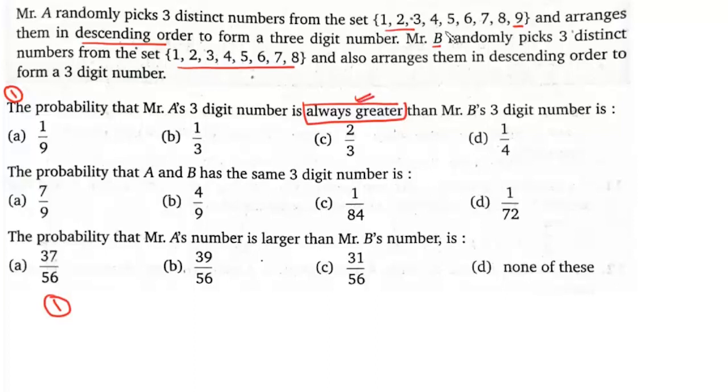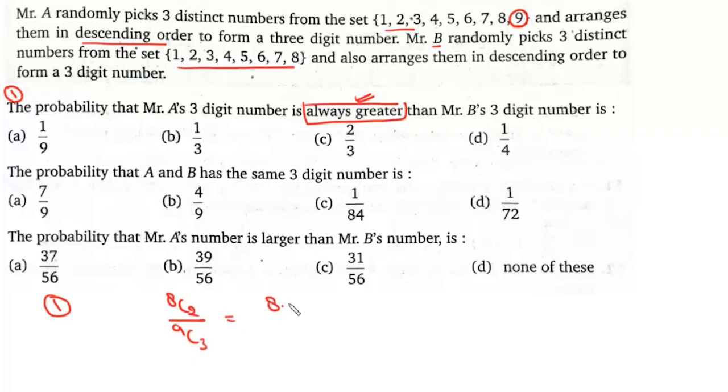Now the difference between this set and this set is that this set has 9. So if 9 is chosen by Mr. A in one of the 3 numbers, then in that case, the number formed by Mr. A will always be greater than the number formed by Mr. B. Now in how many ways can 9 be selected? We need 3 numbers, out of which 1 is already selected. So from the remaining 8, we have to select any 2, divided by 9C3.